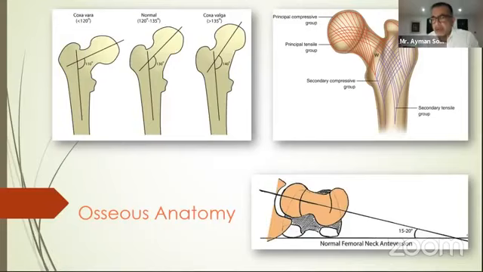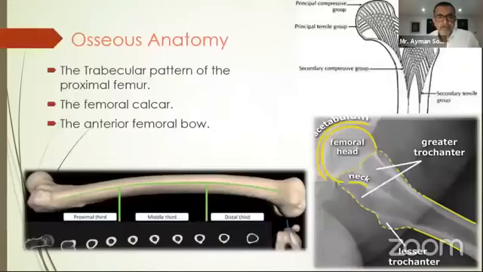Could be more than that, particularly associated with a shallow acetabulum. Could be less than that as a result of a previous hip pathology or a fracture. It's very important to realize the trabecular pattern of the proximal femur, with the weight-bearing trabeculae coming to join the calcar femorale and the secondary weight-bearing group coming laterally.